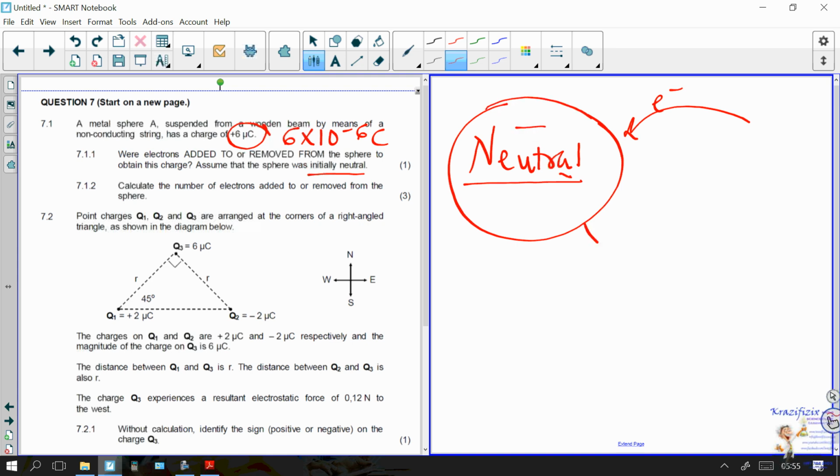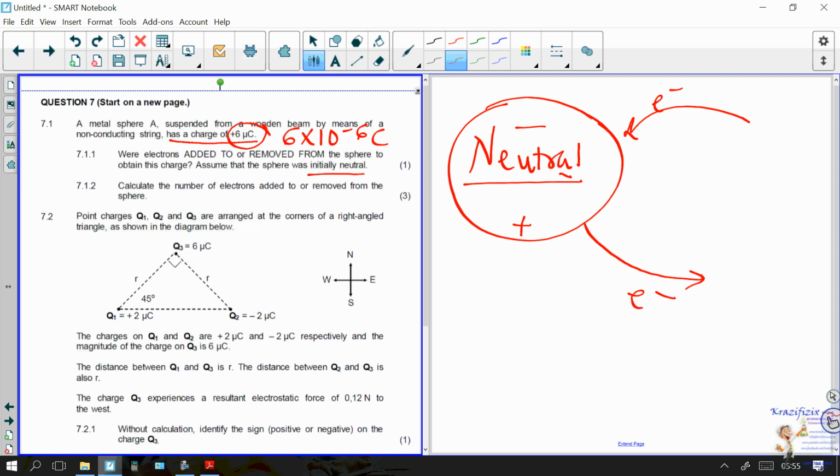If I remove electrons, I am removing the negative charge, so automatically it becomes positive. Let's go back to our question. It has a charge of positive, which means electrons were removed. Calculate the number of electrons added or removed from the sphere.